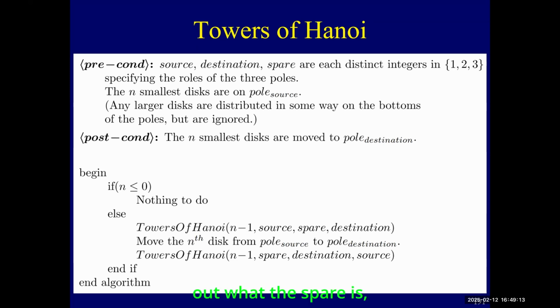So I could figure out what the spare is, but to save me work, my boss is going to tell me who the spare is, all right? So source, destination, and spare are going to be first, second, and third pole in some order, right? So everybody get the problem, right?